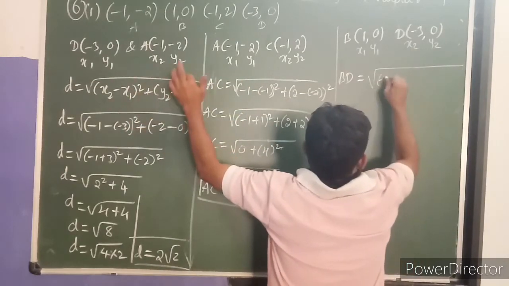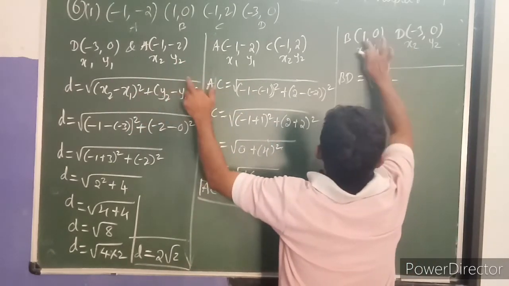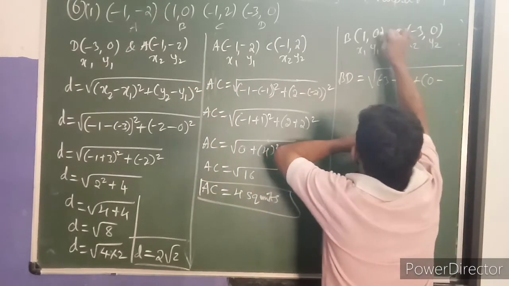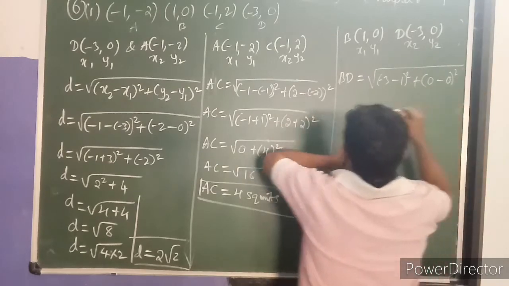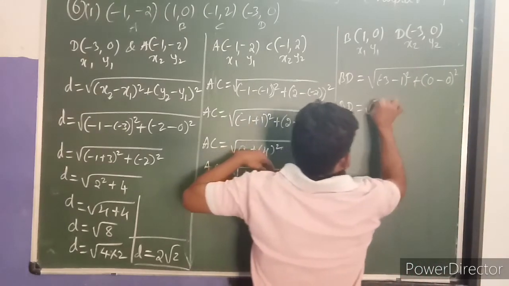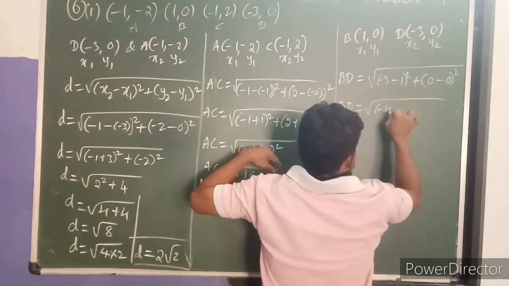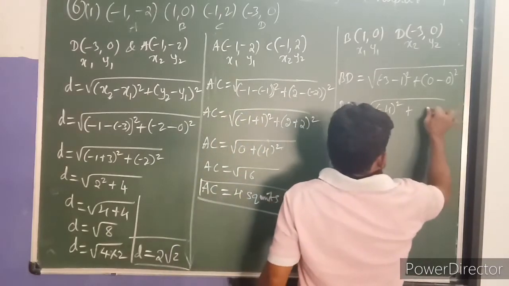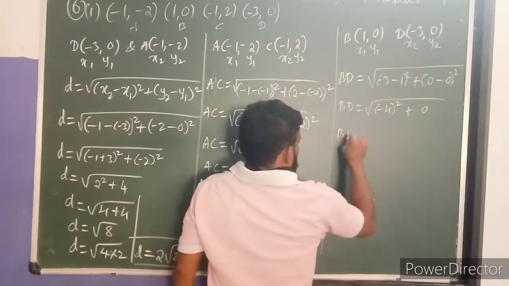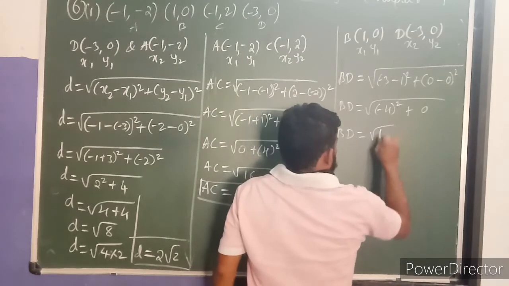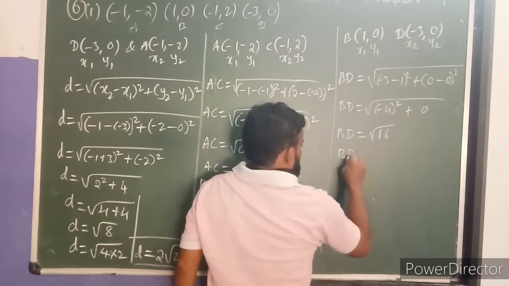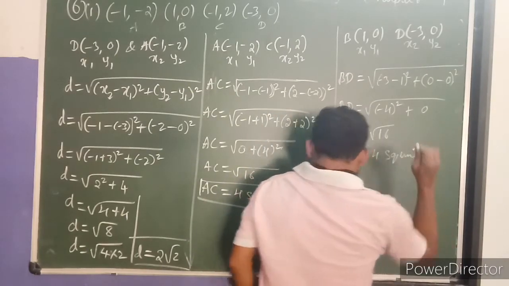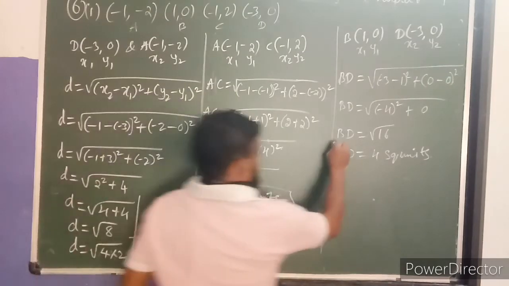X2 is -3, minus X1, which is 1, and Y2 is 0, and Y1 is also 0. BD is equal to the root of (-3 minus 1, that is -4) whole square plus 0 whole square. So BD is root 16, and the square root of 16 is 4 square units. Now both diagonals we got 4 units.